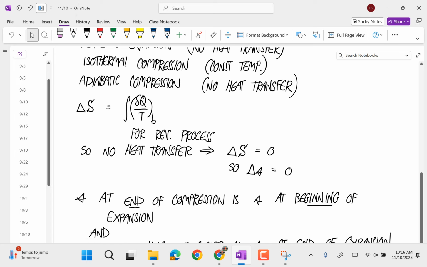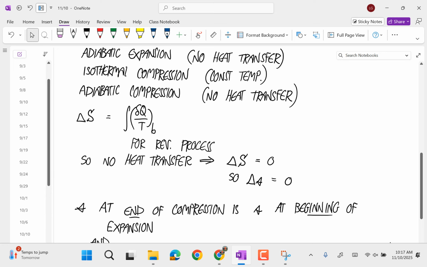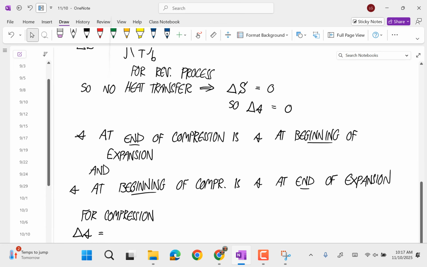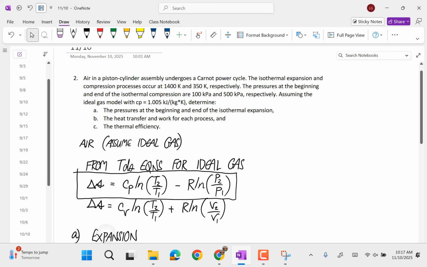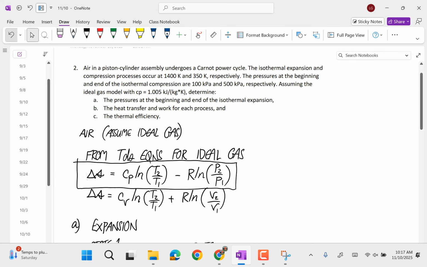So for the compression, we know that the change in the specific entropy is equal to 1.005 times 10 to the third, that's the CP, times the natural log of T2 over T1.